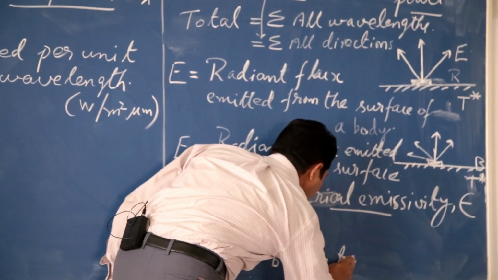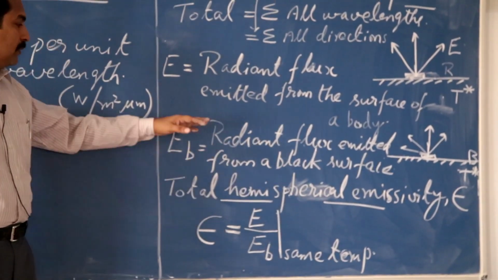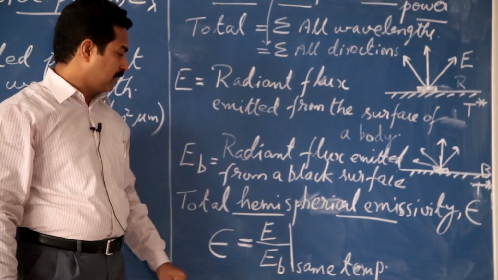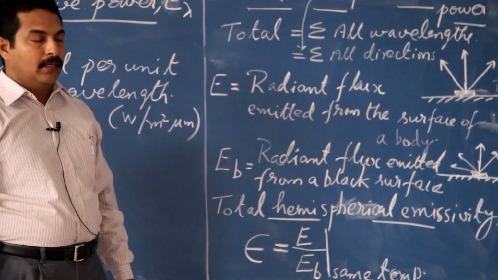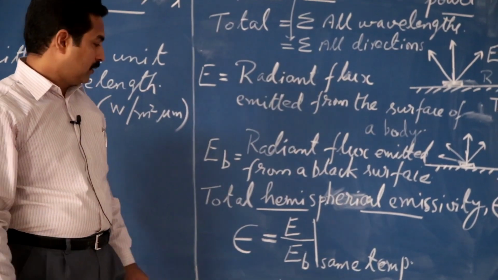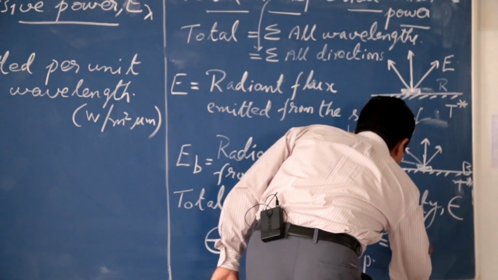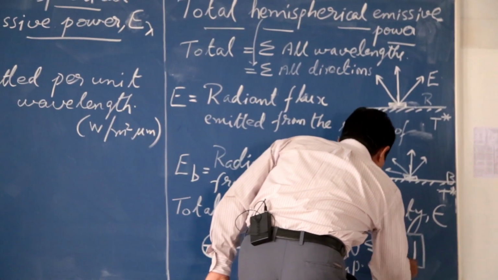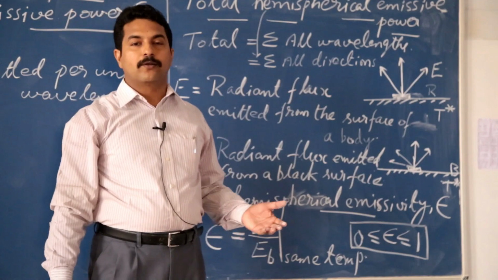This I can call emissivity. The emissive power of a black surface is maximum. That means the value of emissivity lies between 0 and 1. The value cannot be more than 1.